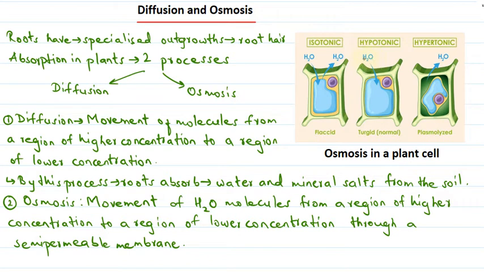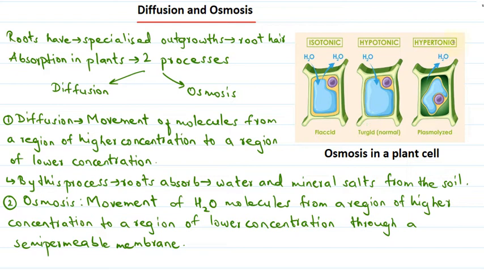When water enters, the cells swell up, right? When the cells swell up, their turgidity increases. So in hypotonic condition, the plant cells become more turgid.